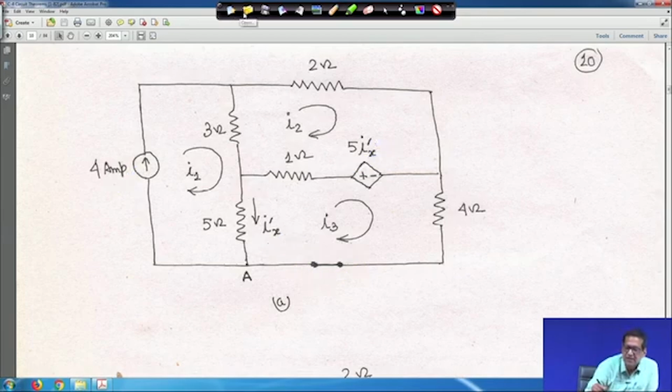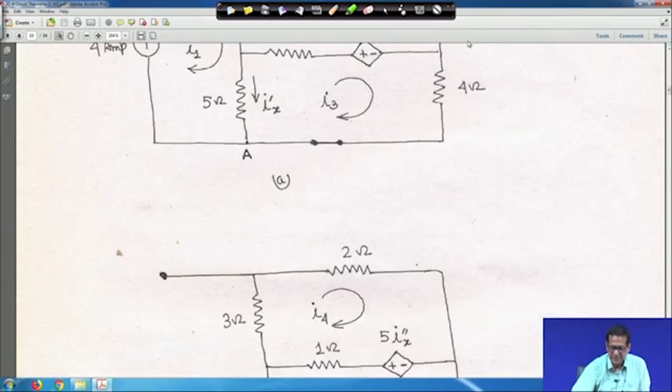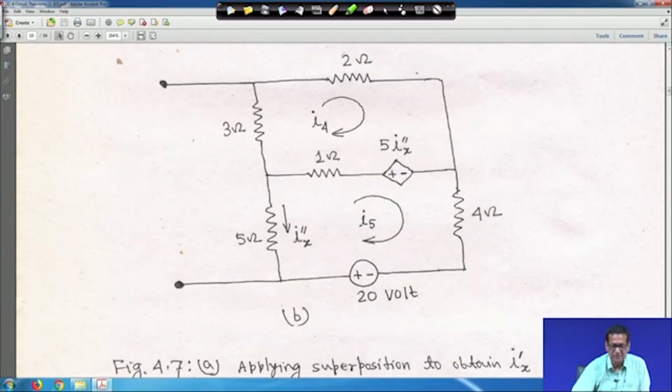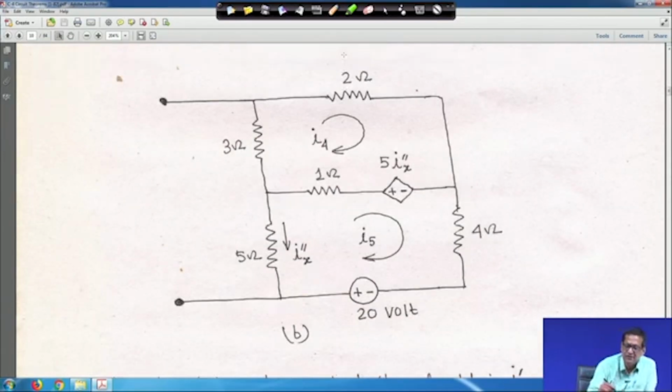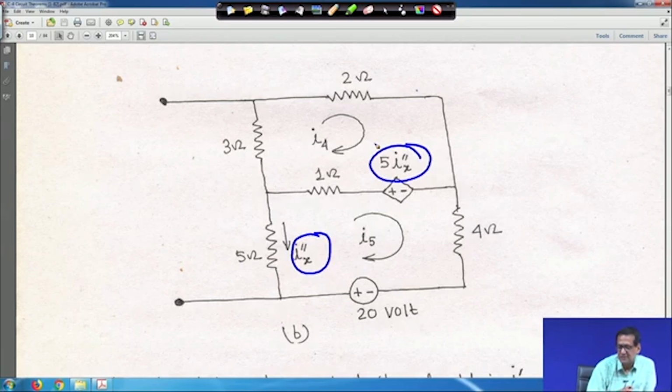Similarly, when the voltage source is there and the current source is not there, it is open, and at that time it is Ix double dash, and here also it is 5 into Ix double dash. So you have to solve this circuit and that circuit for Ix dash and Ix double dash, then add them up, and you will get the same answer as solving the circuit as a whole.